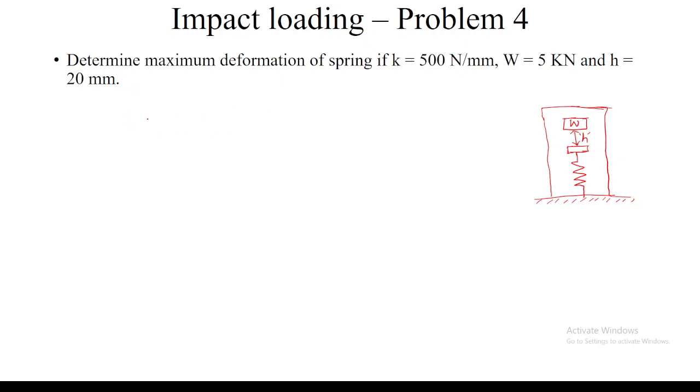So in this we will do one problem, and based on that we will learn the concept. Here we have to determine the maximum deformation of the spring if the spring constant is 500 Newton per mm and the load being applied is 5 kilonewton, and the height from which this load is made to fall over this small bar is 20 mm.